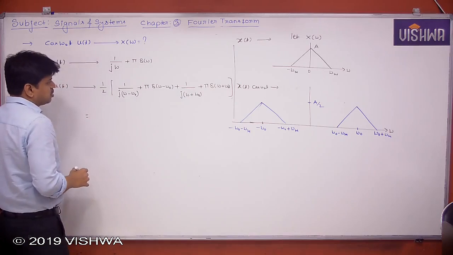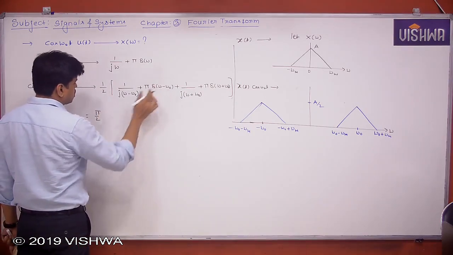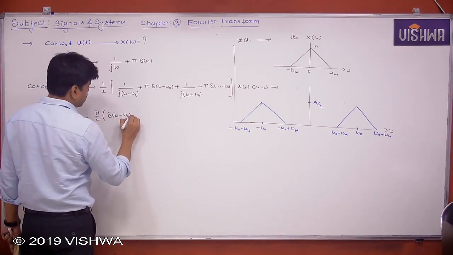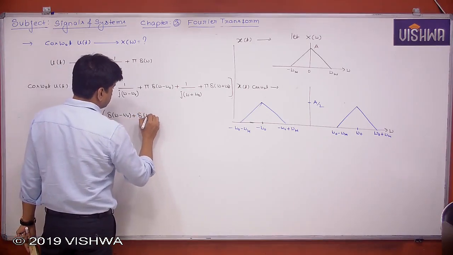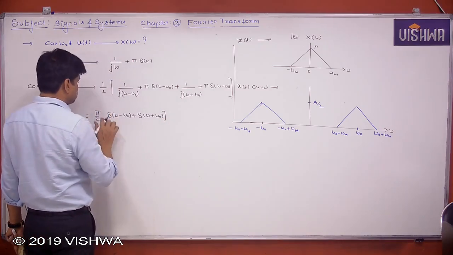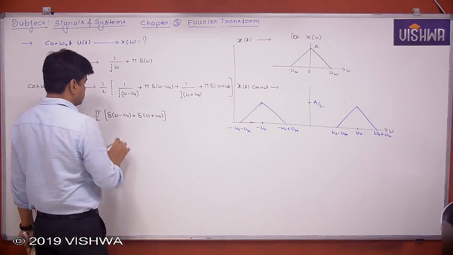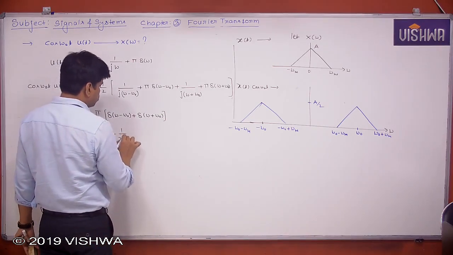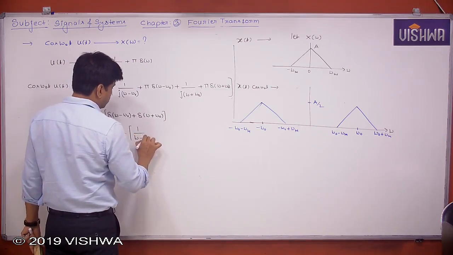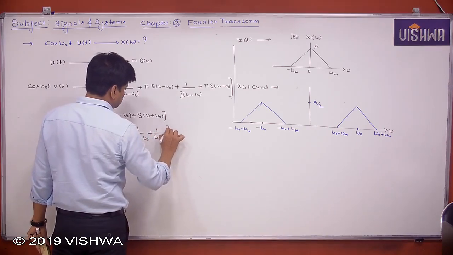If I take pi by 2 common out in this one, then this is going to be delta omega minus omega naught plus delta omega plus omega naught. Next, plus 1 by 2j common out, then it is going to be 1 by omega minus omega naught plus 1 by omega plus omega naught.